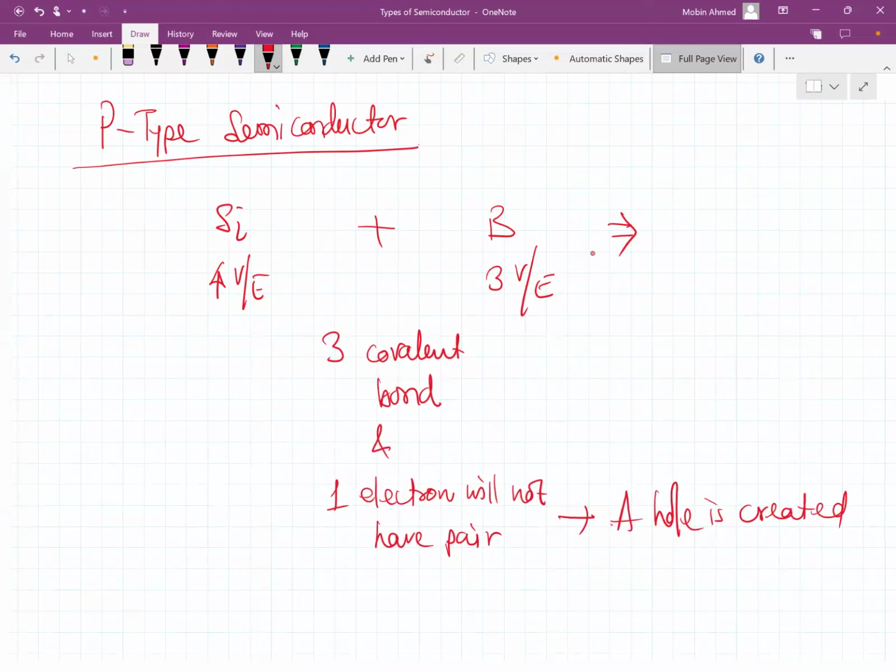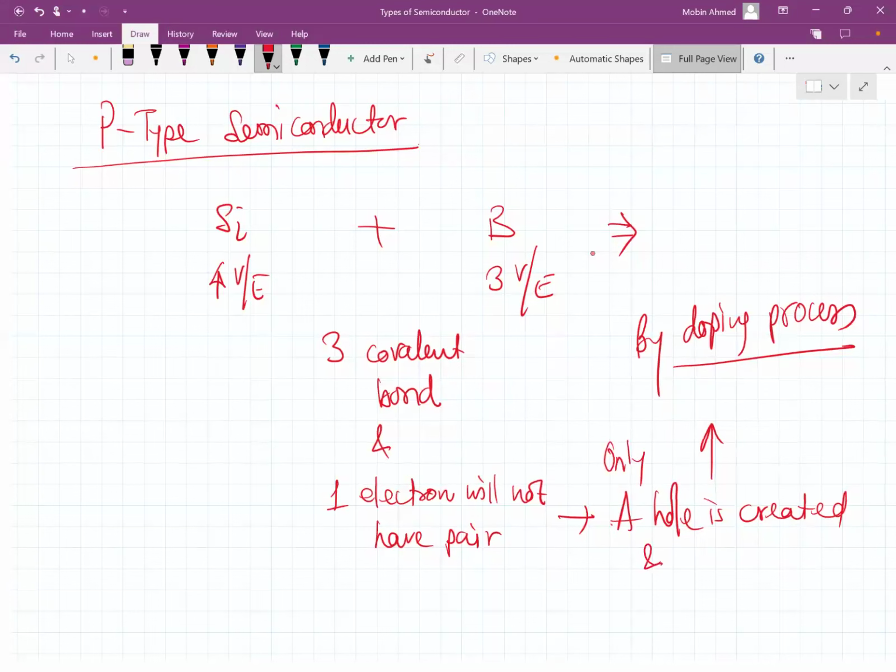This hole is created by the doping process. In this case, no free electron is created. Only the hole is created. So we can say only a hole is created and no free electrons are created.